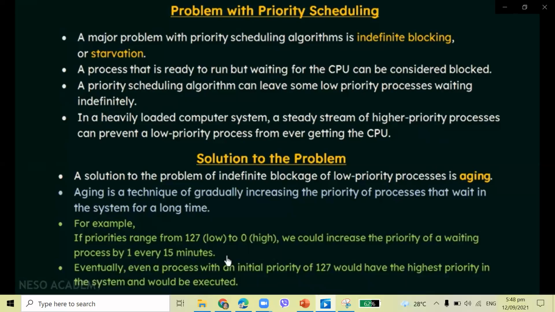So we make sure that that process will get the CPU for its execution and it does not undergo indefinite blocking or starvation. So this is a good solution that we have to this problem.